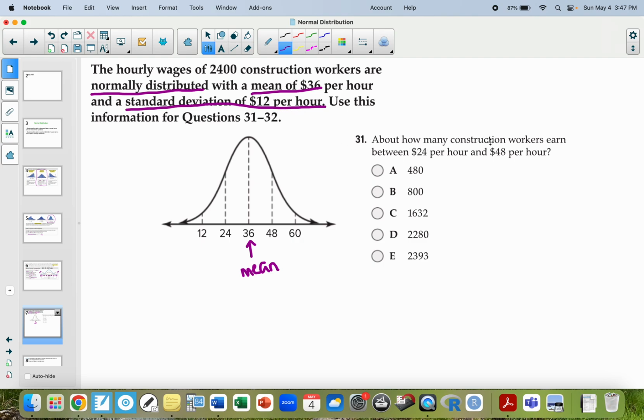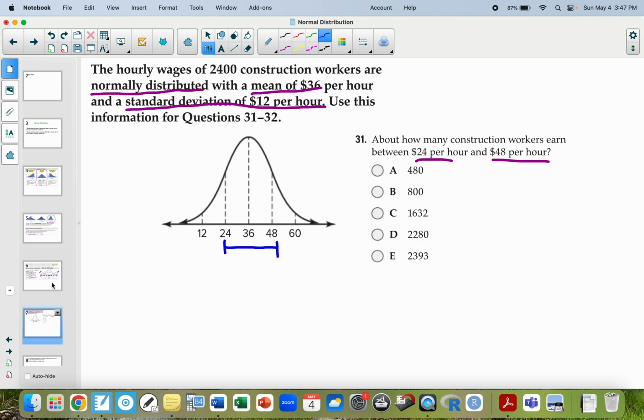Okay, so it says about how many construction workers earn between $24 per hour and $48 per hour. So we are looking at, let me get rid of this, we are looking between $24 and $48 per hour. So we're looking at this section of the data.